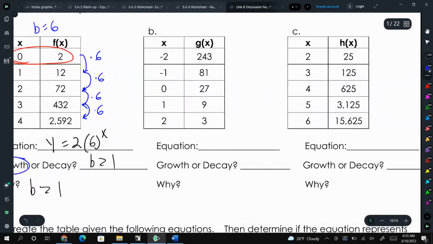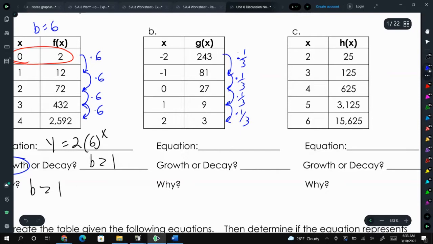Now if we look at this one, you see, well, we're dividing by 3 all the way down. 27 divided by 3 is 9, 9 divided by 3 is 3, but in exponential functions, we are always going to multiply. So instead of saying divide by 3, we're multiplying by 1/3 each time.